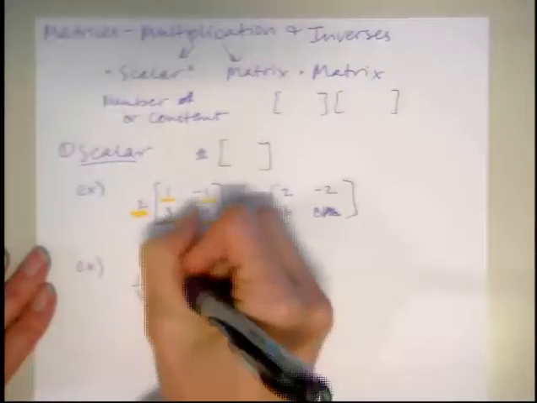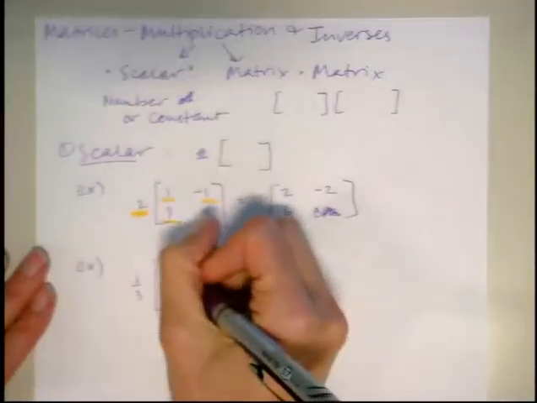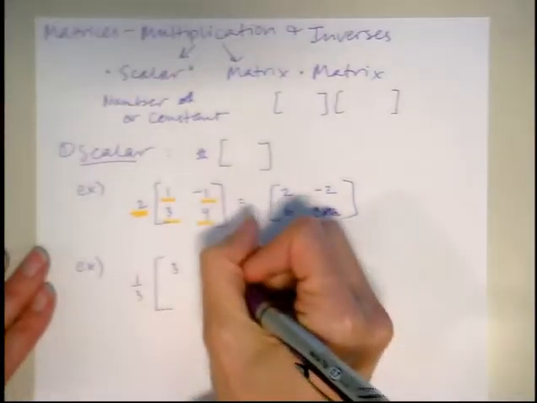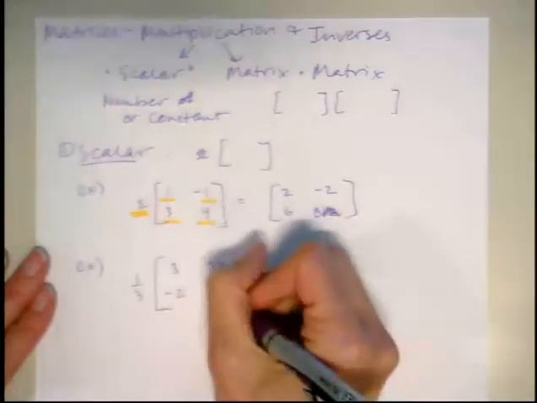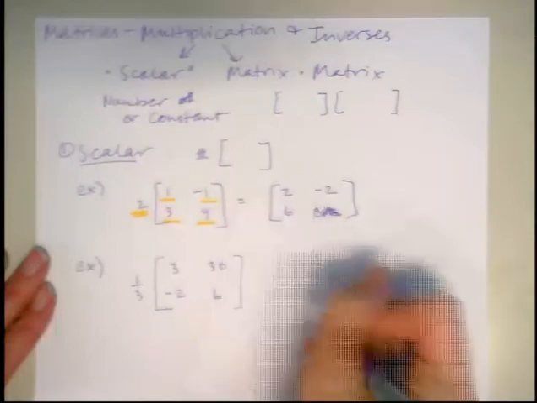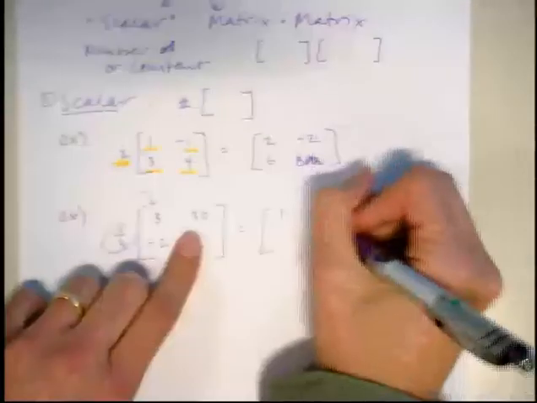Let's say that we want to take 1/3 of this matrix, all of the entries. So we're going to do 1/3 of, let's do 3, and then 30, -2, and 6. So again, multiplying the scalar by each of the entries inside the matrix, we end up with 1/3 of 3, which is 1, 1/3 of 30, which is 10.